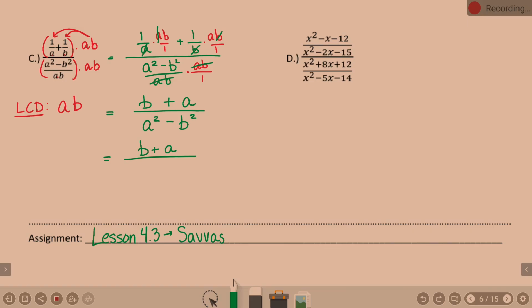A squared minus B squared. It's variables, but it's the difference of squares. Got to start recognizing that. A squared breaks into A times A. B squared then is going to break into B times B. If it multiplies to be a minus B, plus and minus.